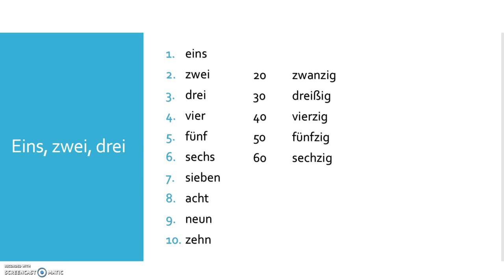Again, the S on 6 disappeared because we added that Z to it that already has that S sound, right? 60, 70, 80, 90, and then you have 100.